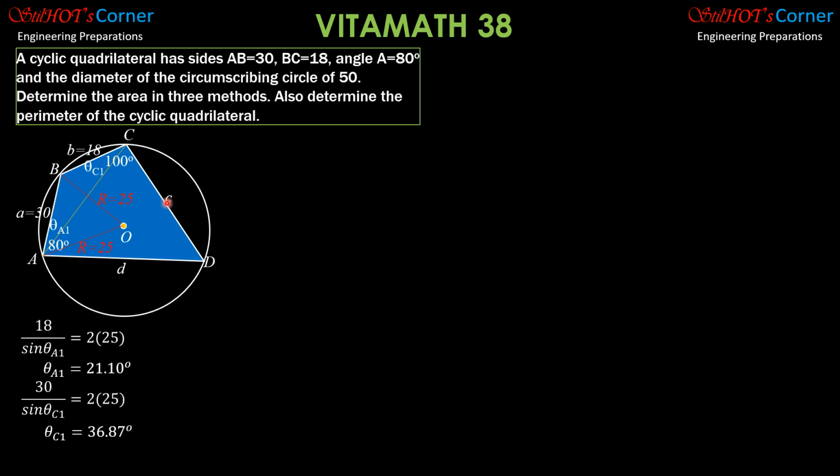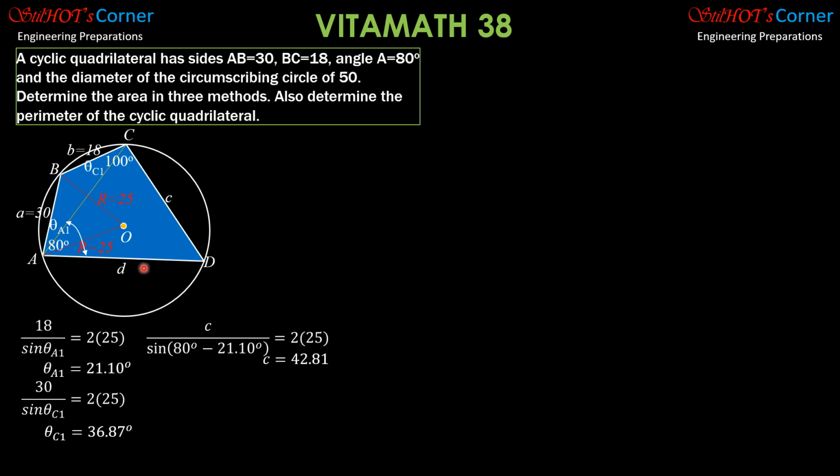For side C, C over sine of this angle, and this angle is equal to 80 degrees minus theta A1, is equal to 2R. So C over sine of quantity 80 degrees minus 21.1 degrees is 2 times 25. So side C is equal to 42.81 units.